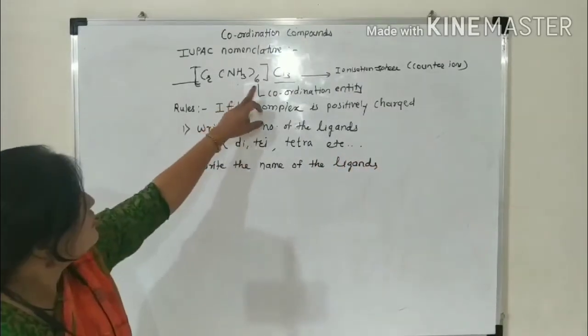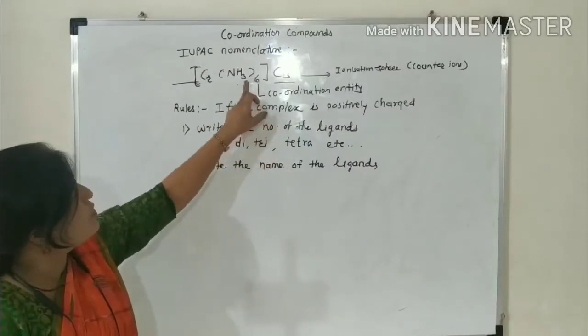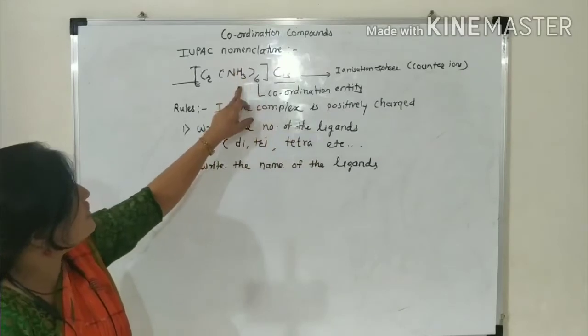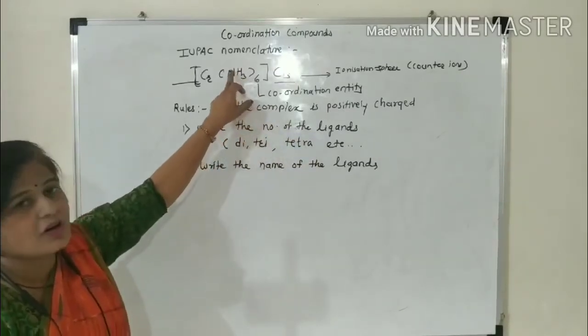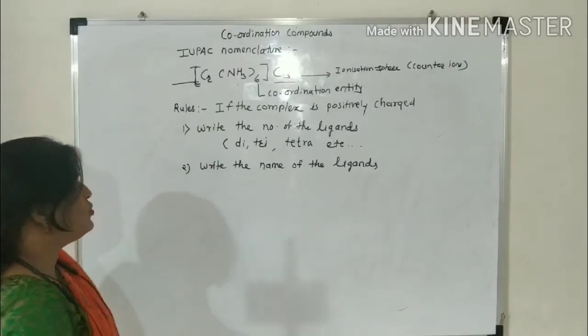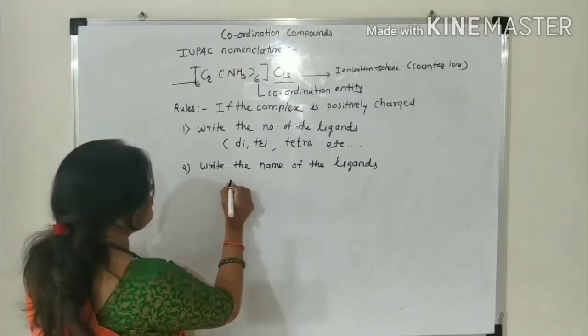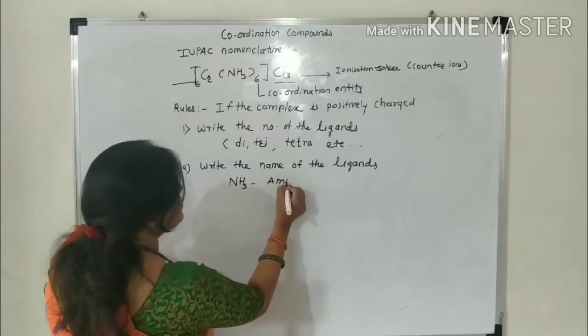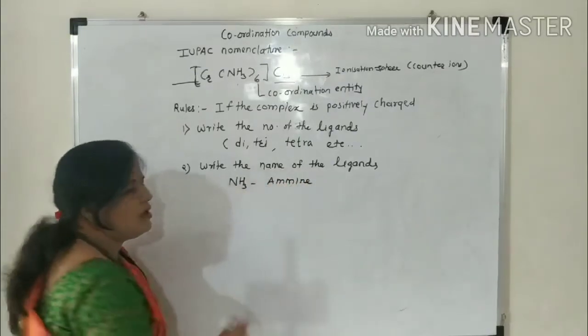How many ligands are present here? 6 ligands are present. Which ligand is present? 6 times ammonia. Therefore, you have to write down hexaamine. That ammonia you should write as amine, AMMINE.